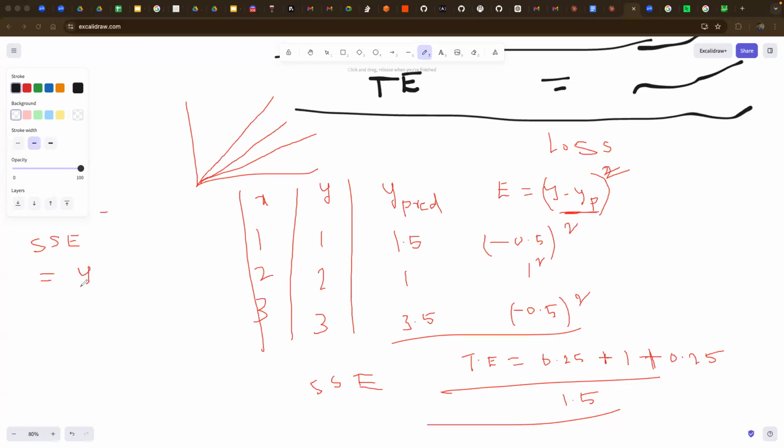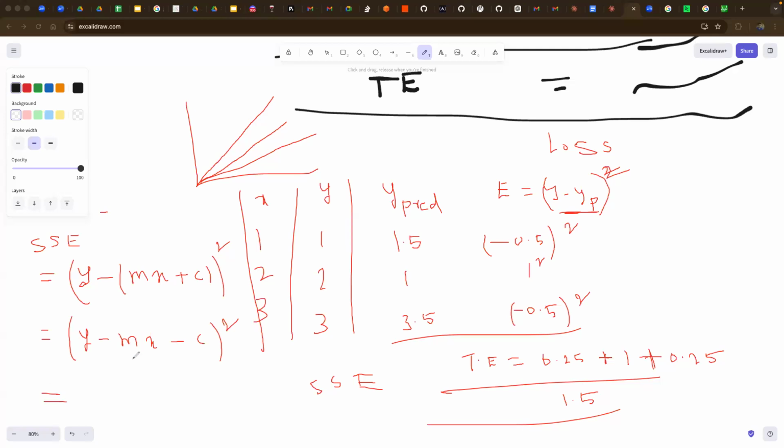So here y is fixed anyway. And y pred, what is y pred? That is mx plus c, whole squared. That is equal to y minus m into x minus c, whole squared.